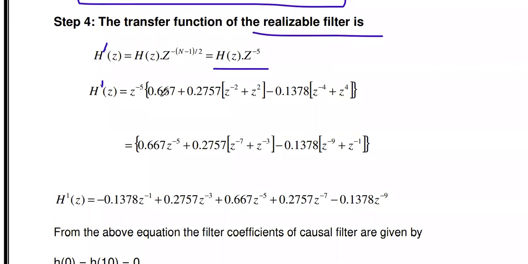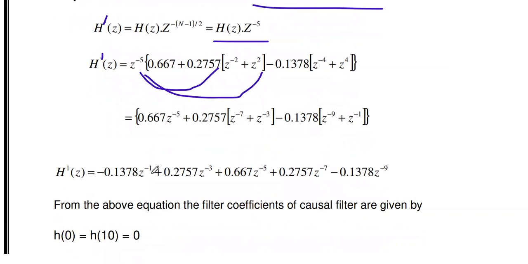Then you multiply each term: 0.667 z power minus 5, then you combine this term, 0.2757 into z power minus 7, then you combine the third term z power minus 3. Similarly, you combine this, and this is the H dash of z.